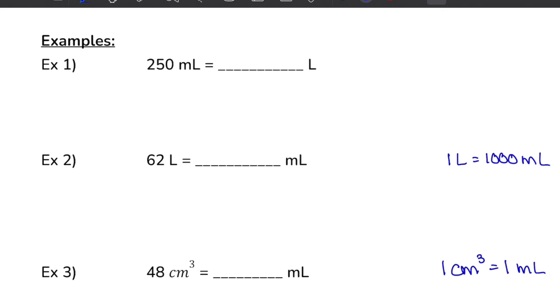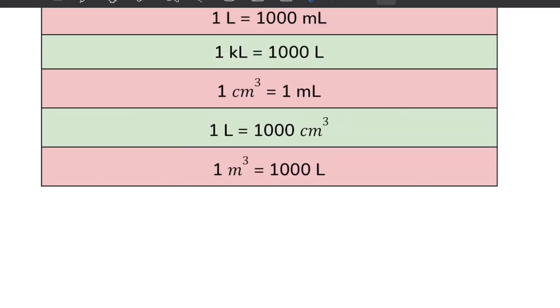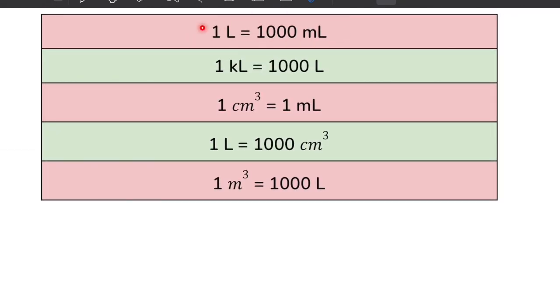We're just using different conversion facts. So let's start with the first one. 250 milliliters equals how many liters? When converting from milliliters to liters, we need the conversion fact. So we're going to go to our formula sheet and find the relationship between milliliters and liters. It is right here.